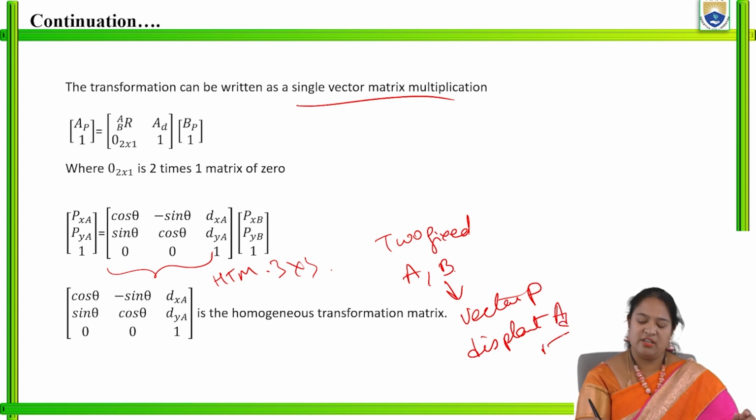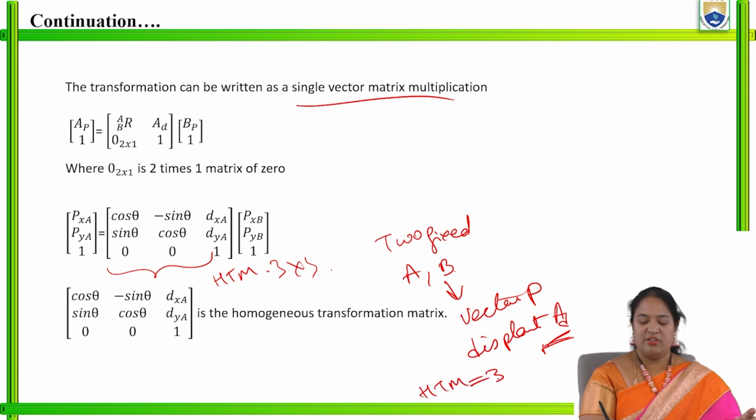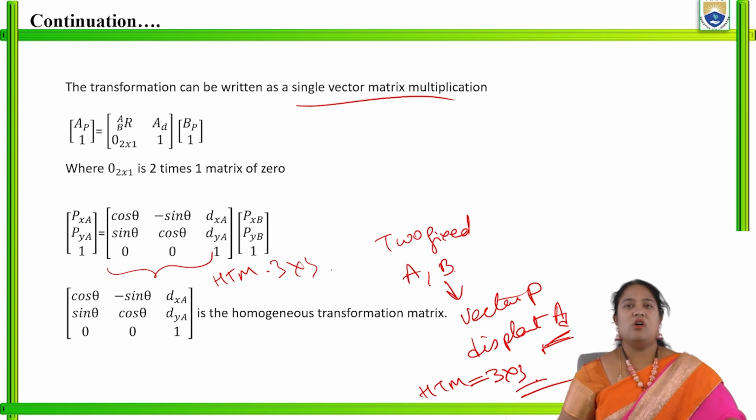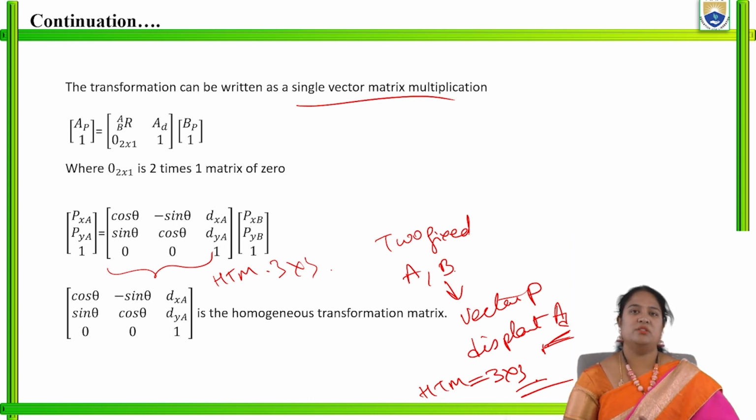When it is extended to the coordinate A, it is written as AD, and then we find the homogeneous transformation, which is a 3 by 3 matrix. Clear? So this is all about homogeneous transformation, used to determine the orientation and position depending upon the various applications. So this is all about today's class.